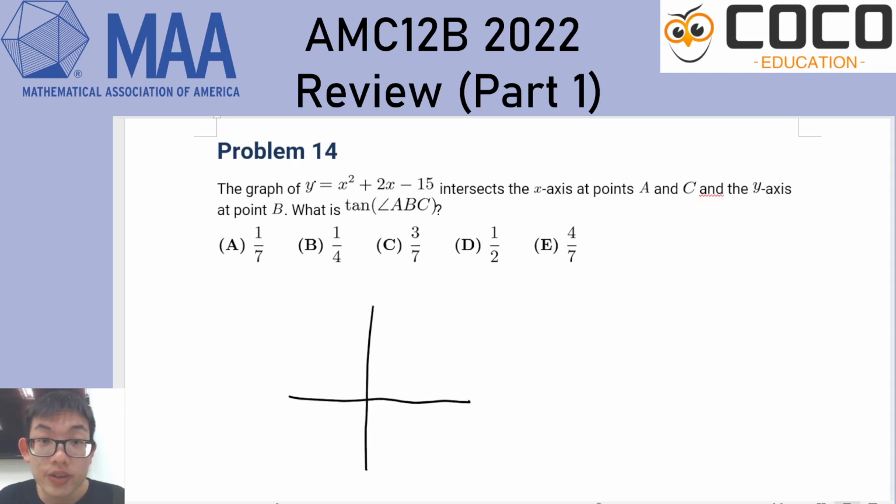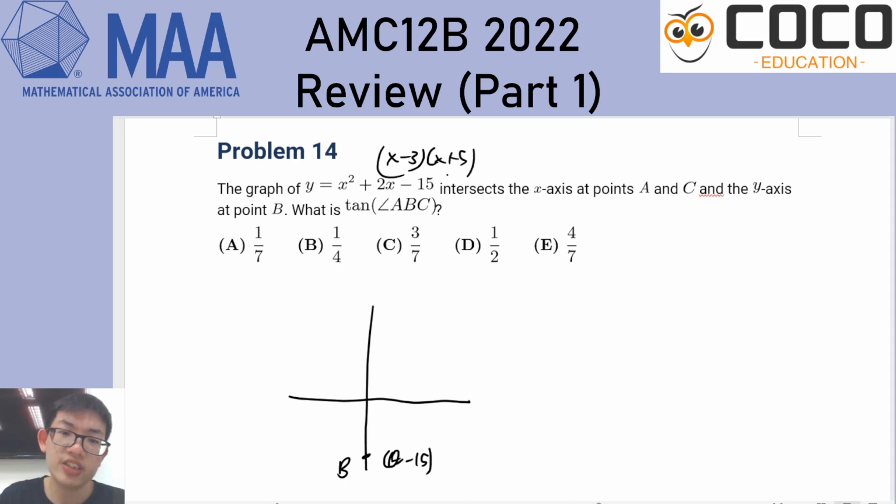Okay, so I have a parabola here in theory, but I only really care about A, B, and C. So B, the y-axis at point B, x equals 0, this will be negative 15. Now, the x-intercepts, I just need to factorize this.